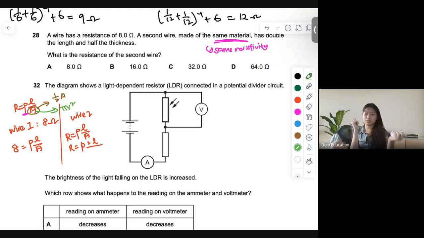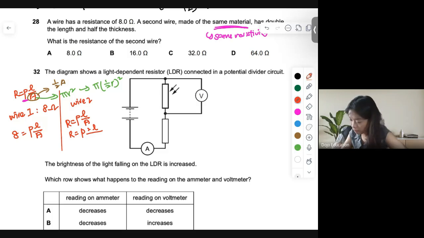So how do you calculate the area of a wire? It's pi r squared. It says half the thickness, so it will be half r, and you square it. This is what it means by half the thickness. So what will my A for wire 2 look like? Pi times 1 over 2 squared, which is 1 over 4, so 1 over 4 pi r squared.